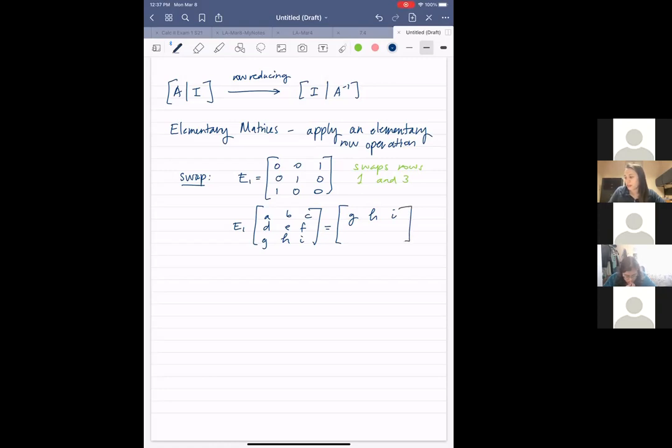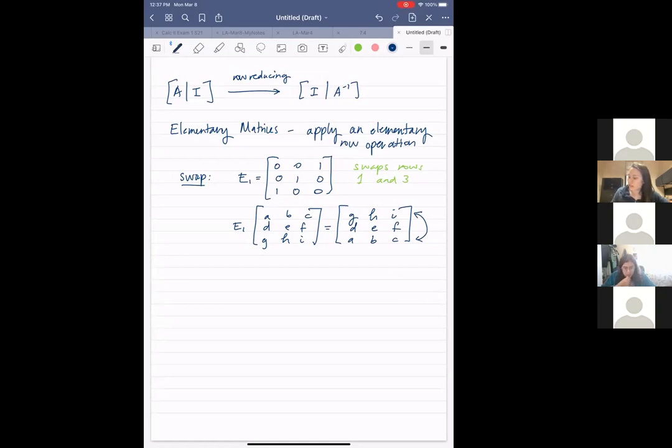Then the second row times the first column gives D, then E, F. And multiplying the last row by the first column, we get A, then B, then C. So it did swap the first and third rows.